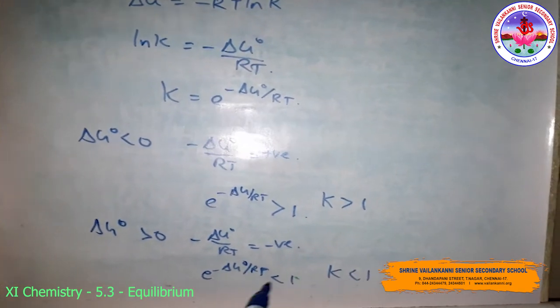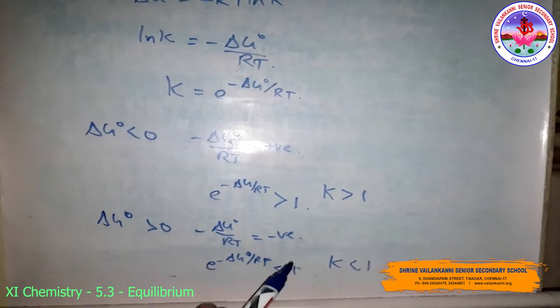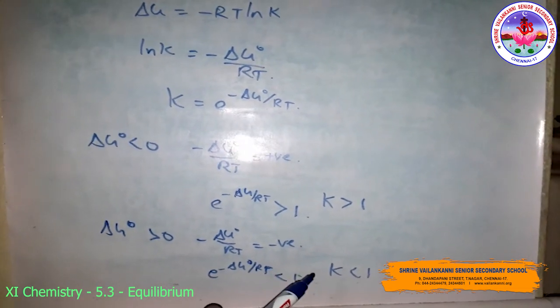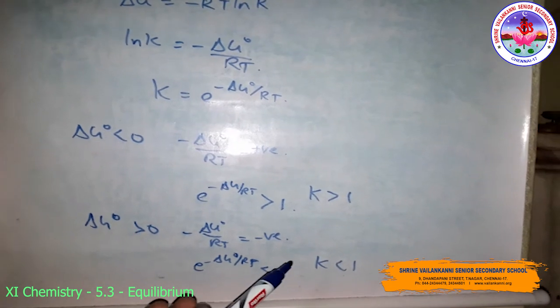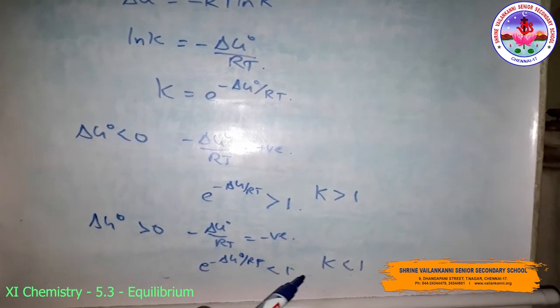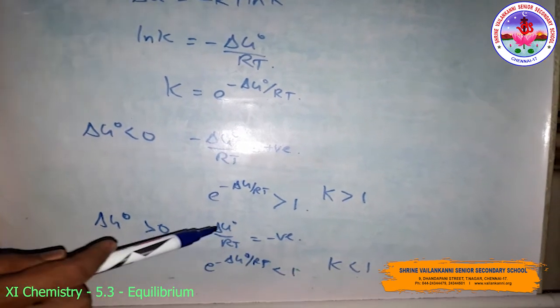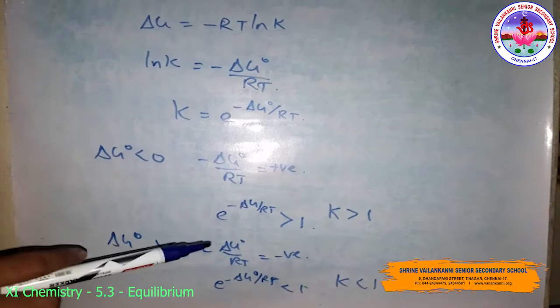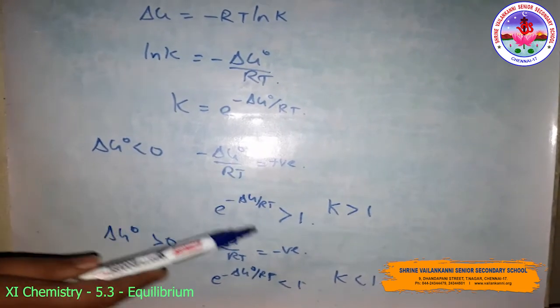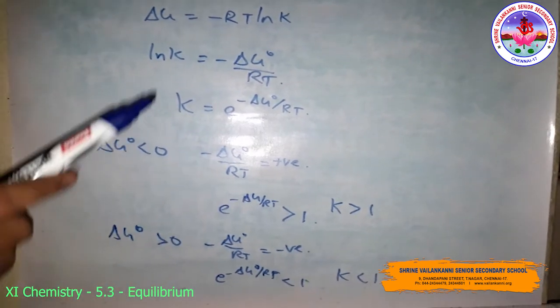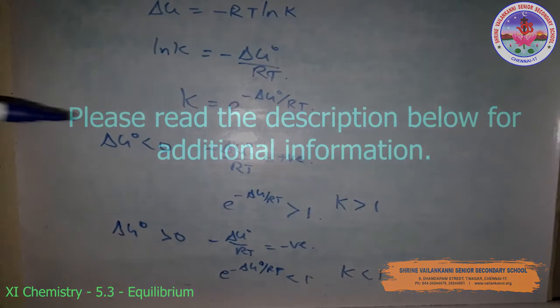This implies a non-spontaneous reaction, or a reaction which proceeds in the forward direction to such a small degree that only a very minute quantity of the product is formed. So this is the relationship between Qc, Kc, and the Gibbs free energy. Next, we will discuss factors affecting equilibria.